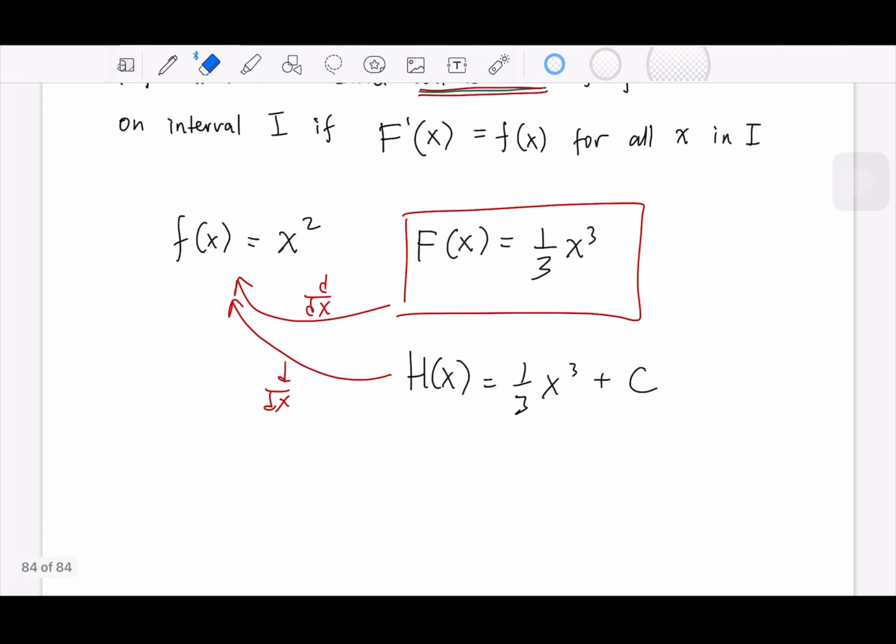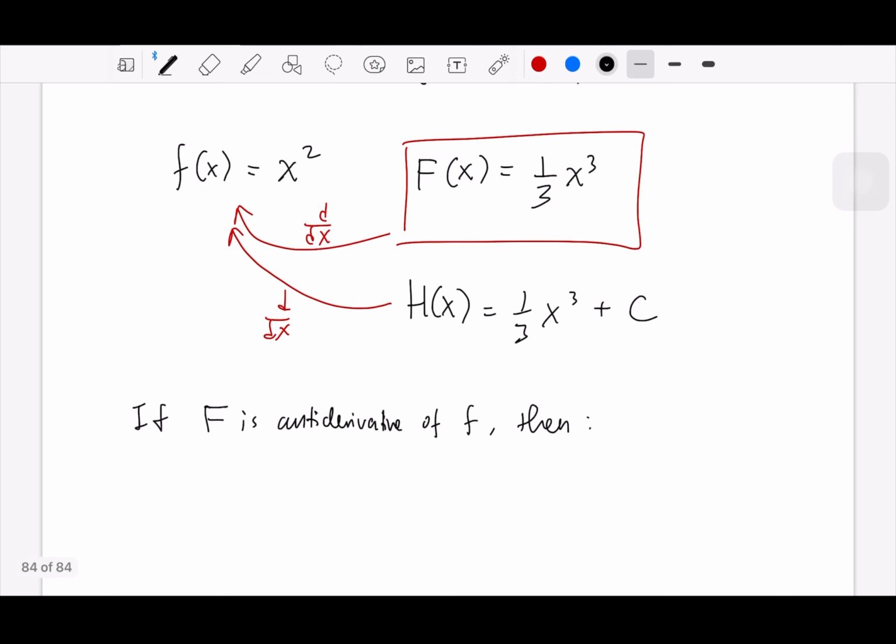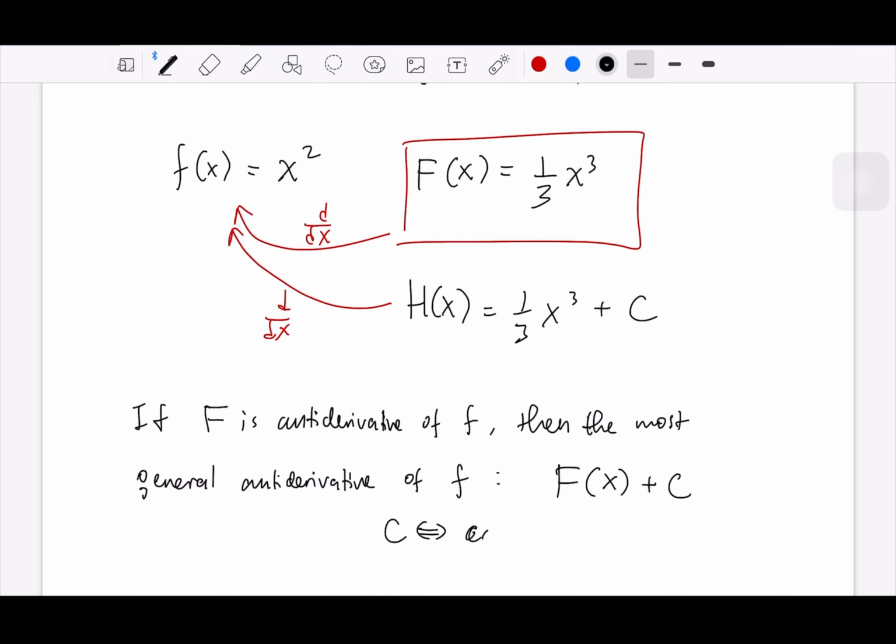So if F is an antiderivative of f, then the most general antiderivative of f is F of x plus c, where c is a constant.